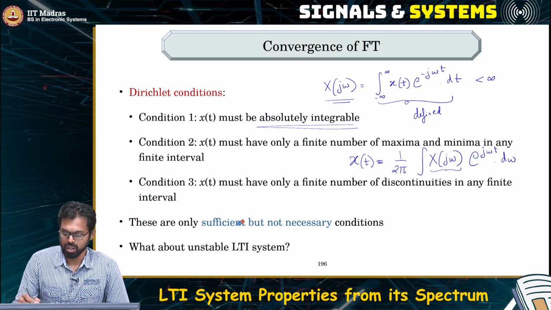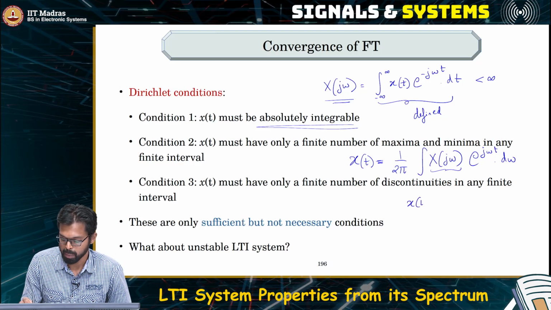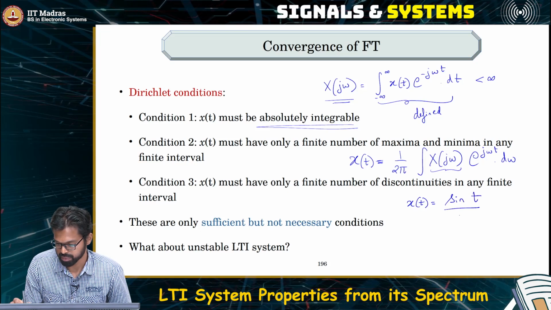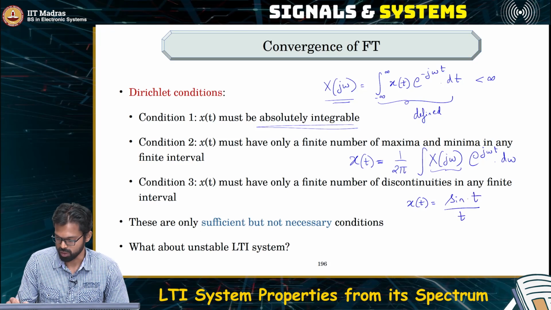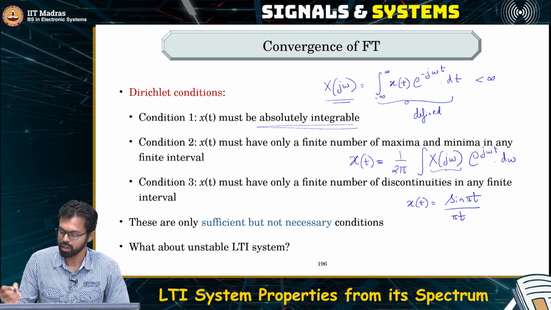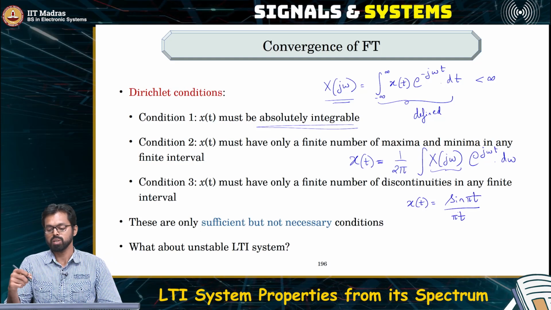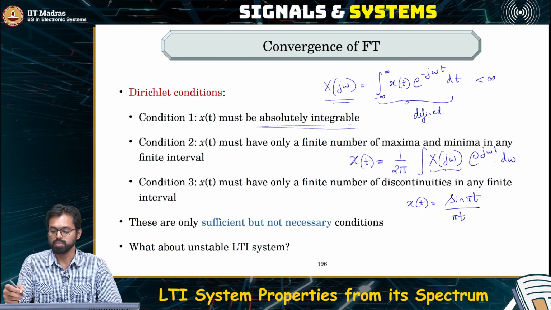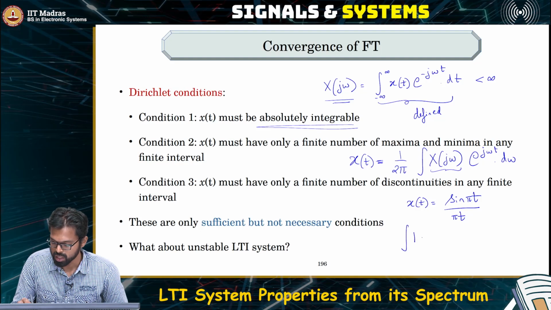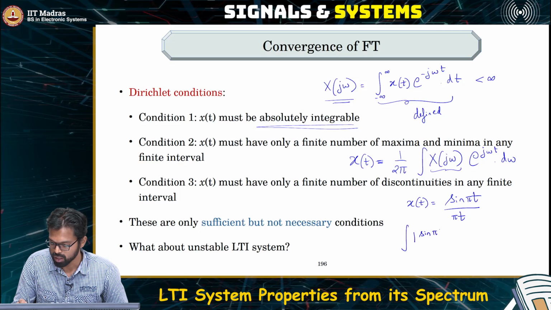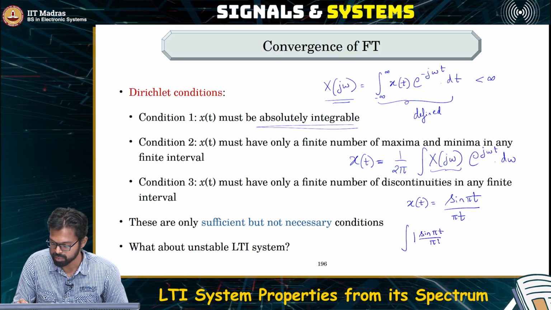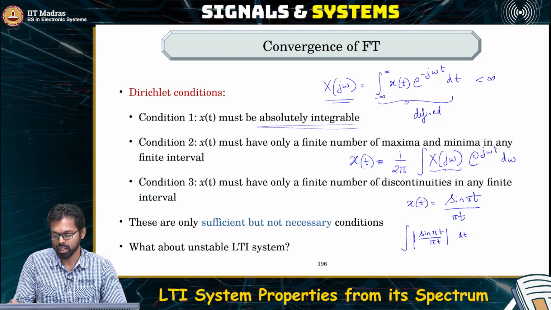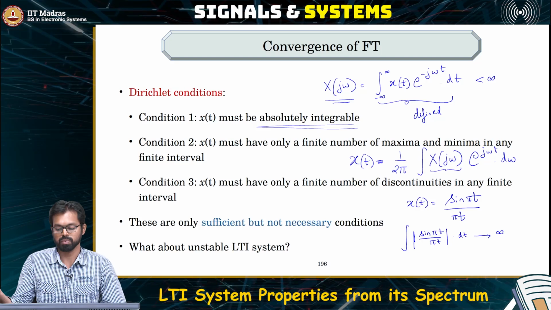For example, let us say that x of t is equal to sin t by t. This is basically the sinc function, or you can define it like this. So we already saw, if this was the impulse response of a system, that system is not stable. Why is that? That is because if you compute this integral, this integral will actually go to infinity.